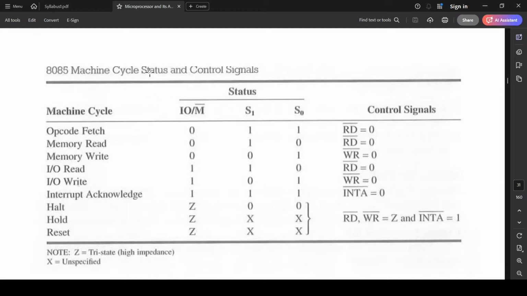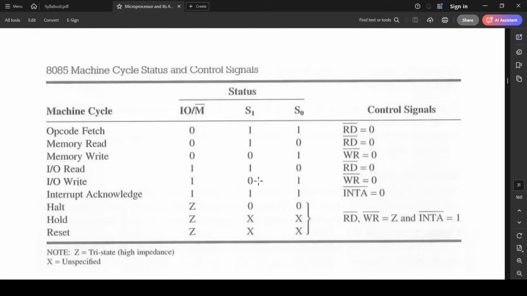Let's see. These S1 and S0 tell the status. This is the same pin, IO/M. Opcode fetch is 0, 1, 1. So read is 0 because this is 0. Memory read: reading is zero. Memory write: write is zero. Now there is some reading; still it is zero because the status is zero.